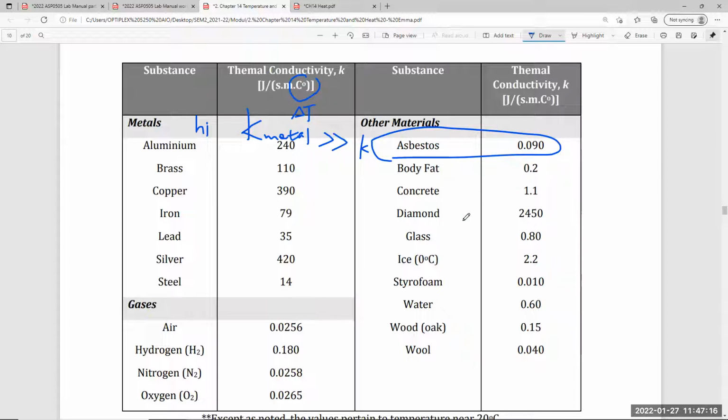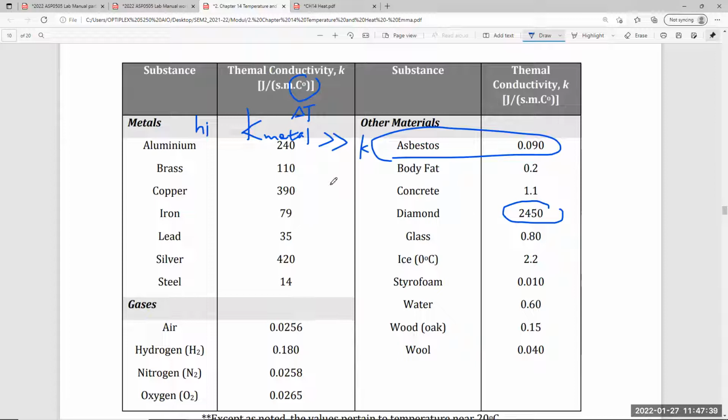But you will discover that diamond has very high conductivity. I don't want to discuss why this happens, but diamond conducts heat faster, because light and radiation can pass through diamond fast.